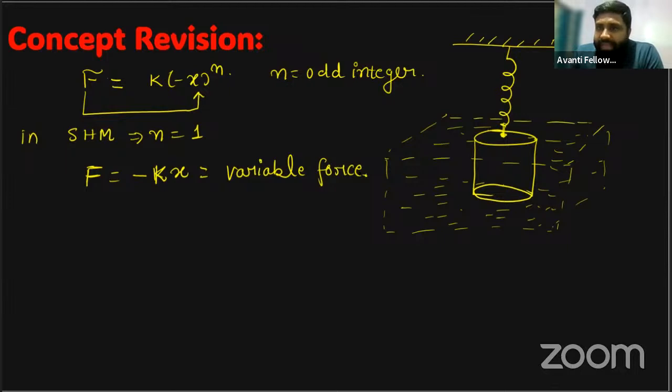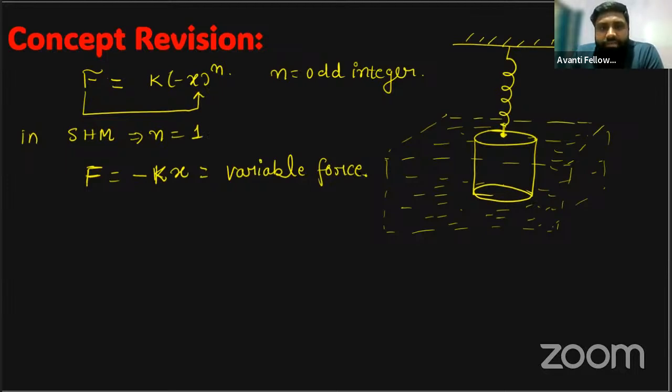Have you seen it in the horizontal arrangement or the vertical arrangement of spring block system? We never ever have mg because mg is a constant force. And for oscillatory motion or for SHM, a special case of oscillatory motion, we only have the variable force, or SHM is only possible because of the variable force.